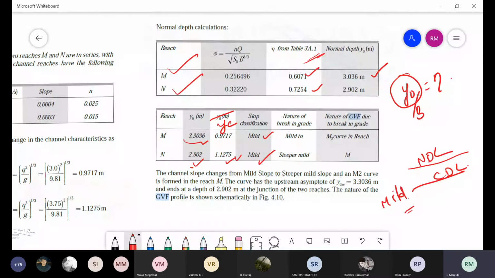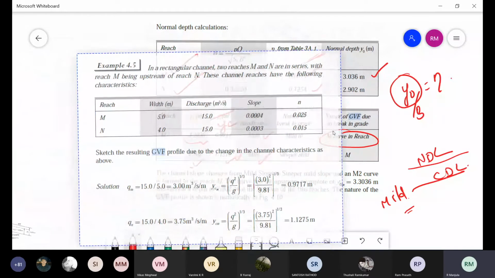Okay, now what is the nature of the break in the grade? If you see, the channel slope changes from mild to a milder slope, and you have the M2 curve in the first channel reach, because the curve has the upstream asymptote of y equal to 3.03 meter.